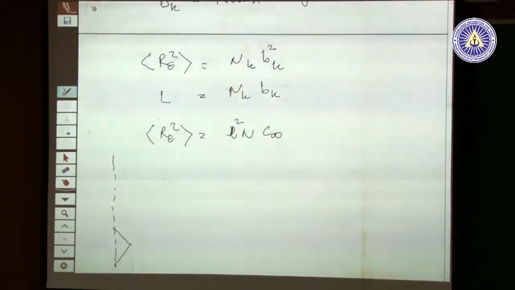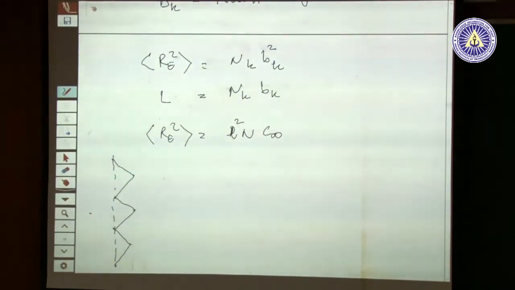These are the bonds, and this is theta, because that is the angle between the bond and the previous bond direction. So each of these angles then is theta over 2. If this has a length L, then this projected length is L cos theta over 2.